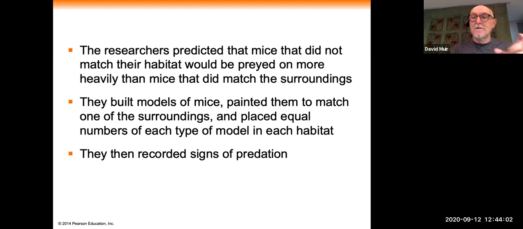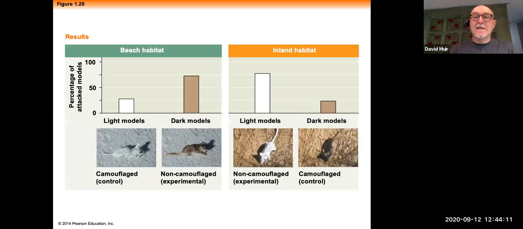They built models, little tiny models, the right size of the mice in different colors, and they put them into the two different habitats as follows. So on the beach habitat, they made light models. Here's one here, and they made dark models, and here's one here.